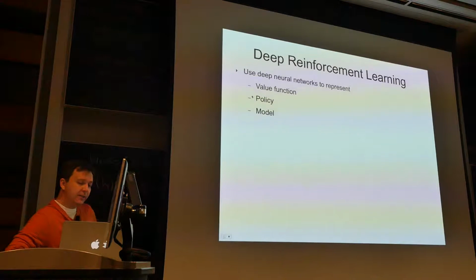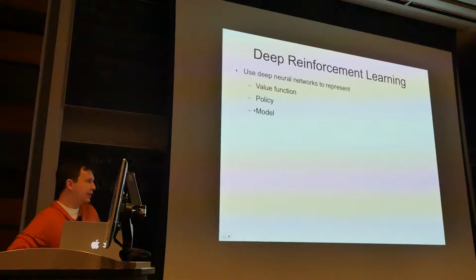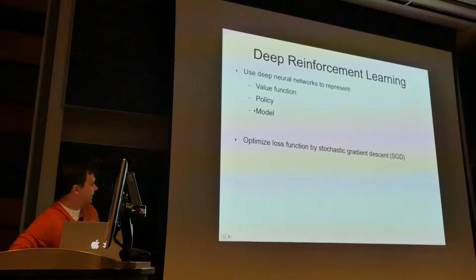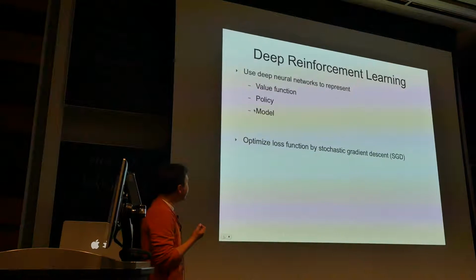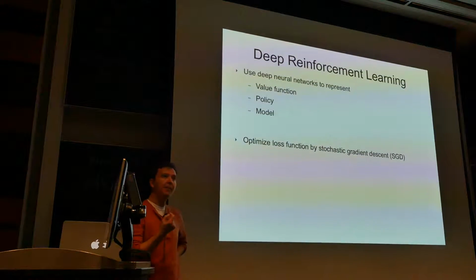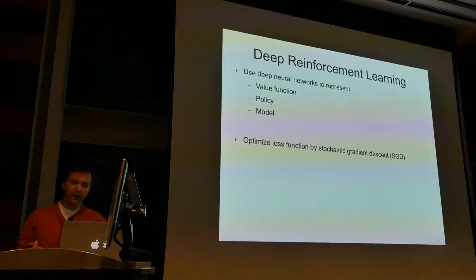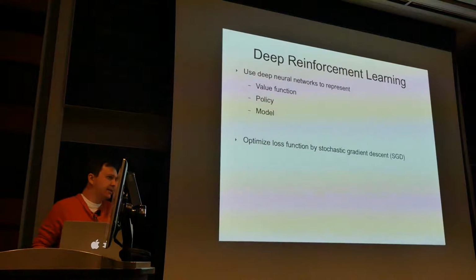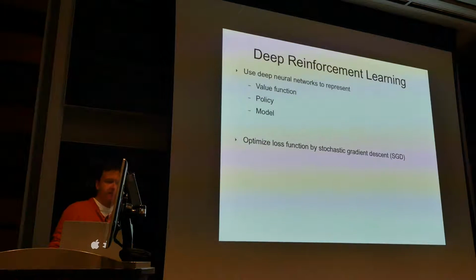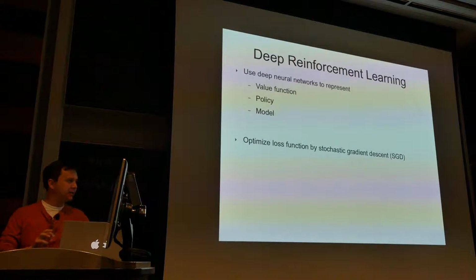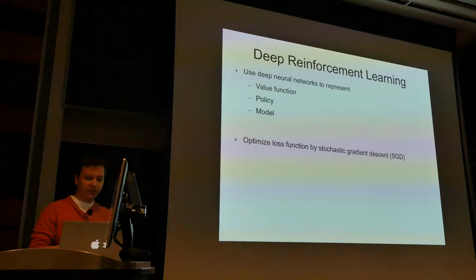So far, the most successful stories have been approximating the value function and the policy using deep neural networks. The whole idea here is that we're going to be optimizing some loss functions that we define by using stochastic gradient descent. I'm going to make it more precise, but that's the idea. You're formulating these problems as optimization problems, and you're optimizing over the parameters of a neural network.